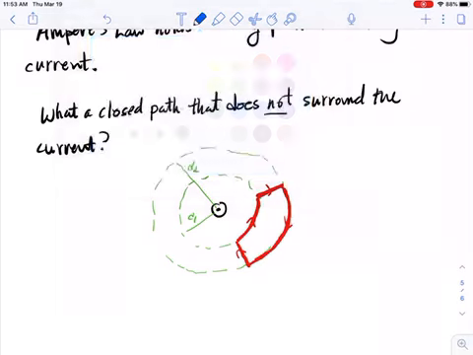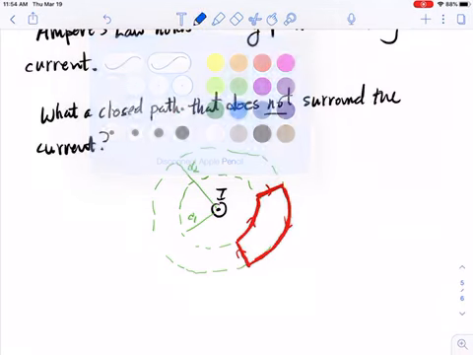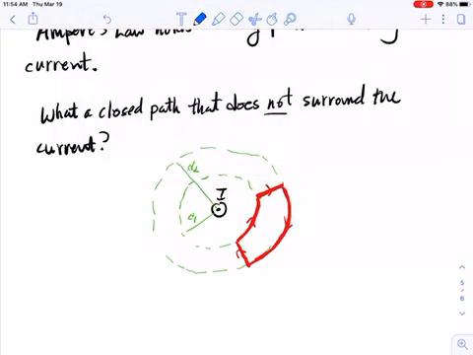Okay, so if the current I is coming out of the screen, then we could draw magnetic field vectors. The magnetic field at this point would be in this direction, say B1. And then over here, it's in the same direction. It's just a little bit of a weaker magnetic field because we're further away from the wire.